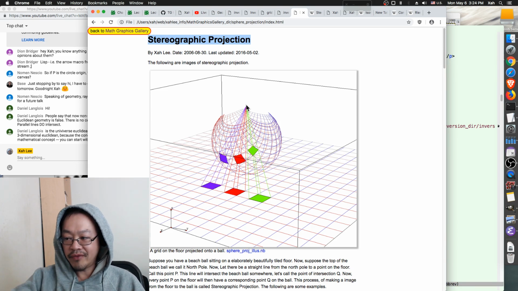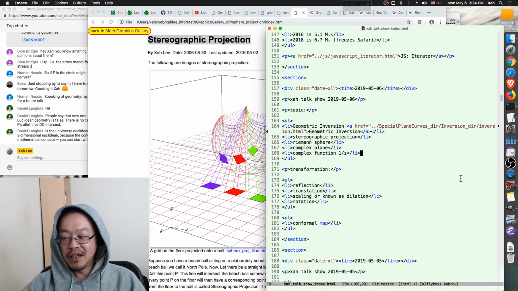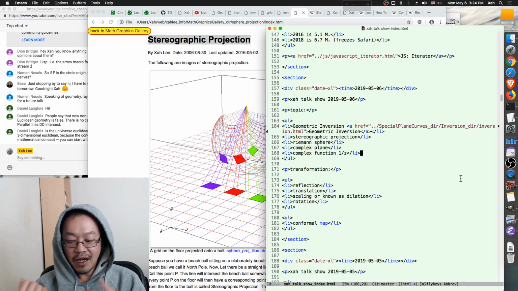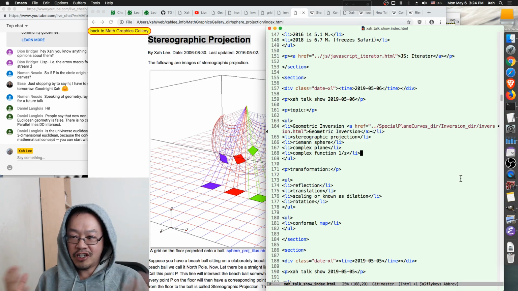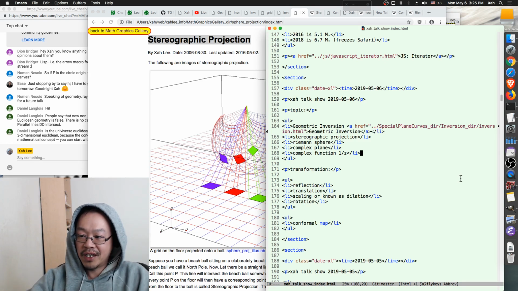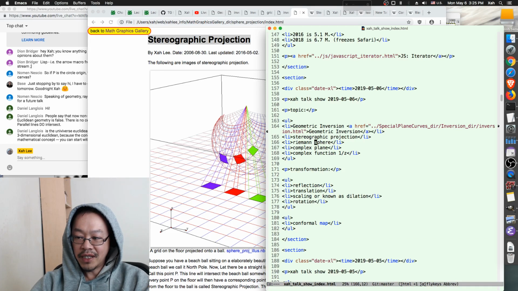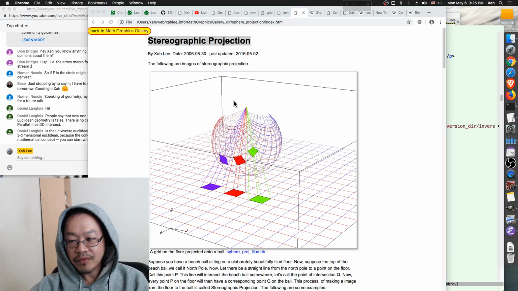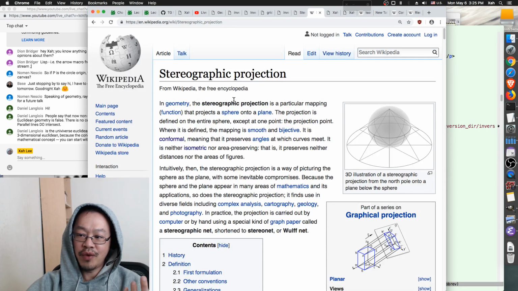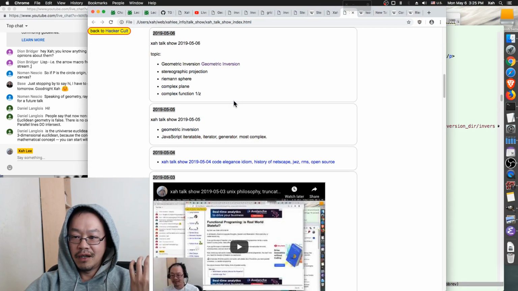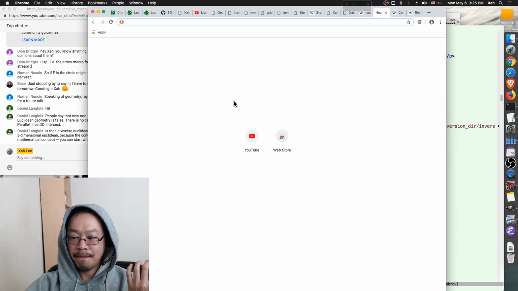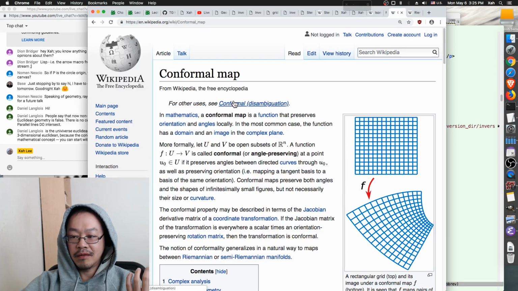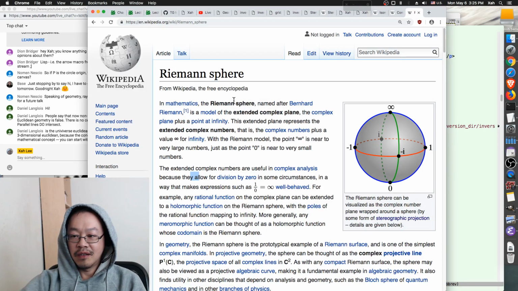We also talked about how this point at infinity, in mathematicians' idealization, becomes what is called the Riemann sphere.